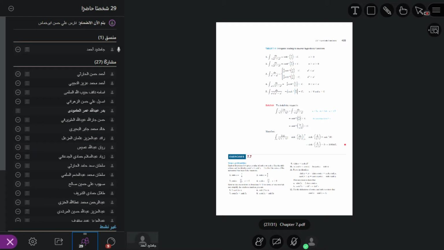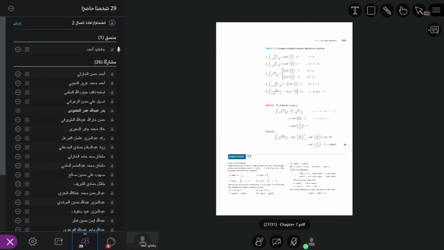It means whenever I have to find the integral of any function which is itself the derivative of some function, we will use two things: one, the previous lecture, which was the derivative of inverse hyperbolic functions, and two, 4.7.